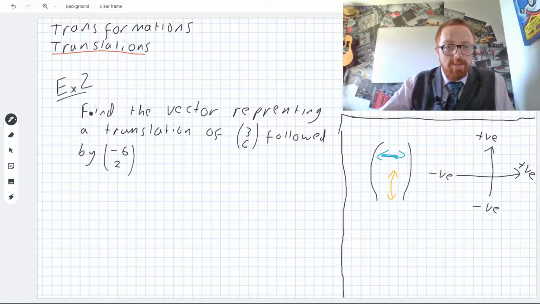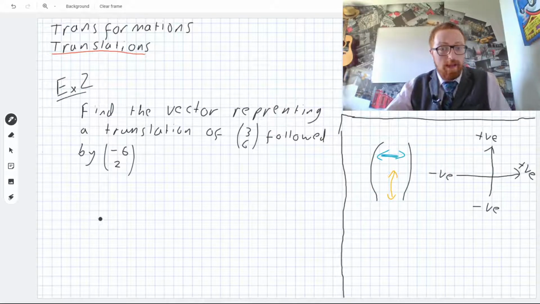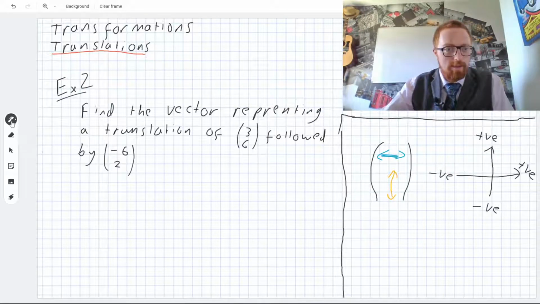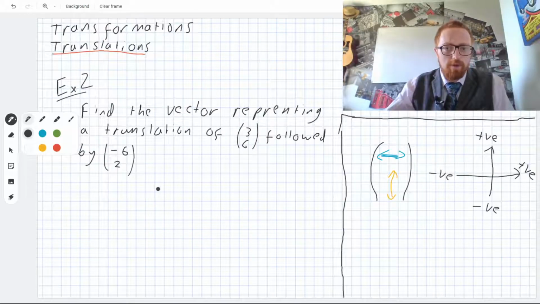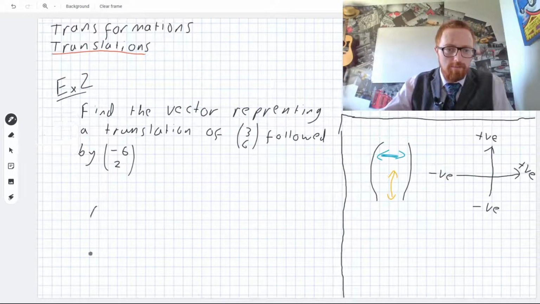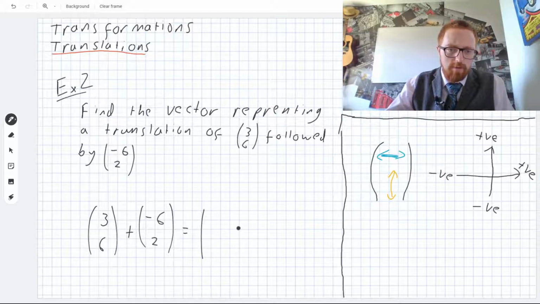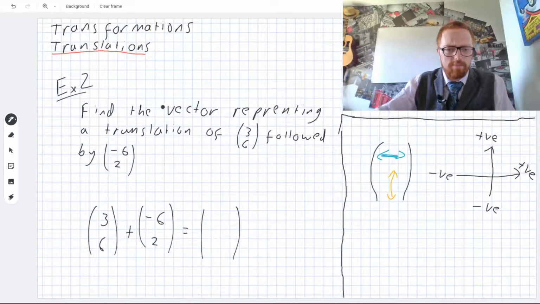Okay, so we're asked to find the vector that represents a translation of 3, 6 followed by negative 6, 2. Again, we could draw ourselves an ant and actually carry out these translations, but we've got an easier way of doing it. We do the transformation 3, 6, and then we add on the transformation negative 6, 2, and that's going to give me my overall transformation.